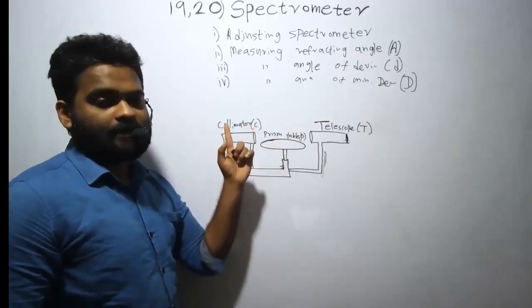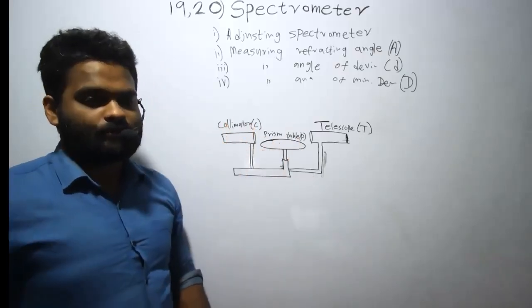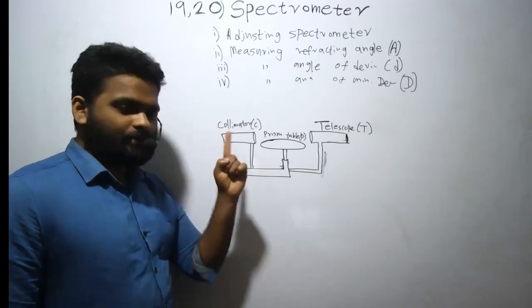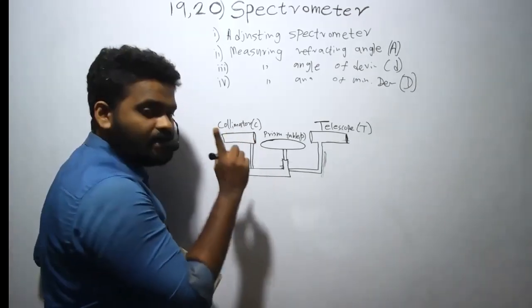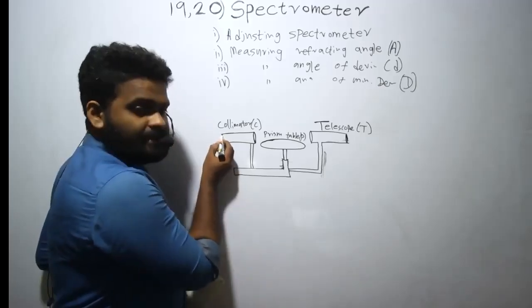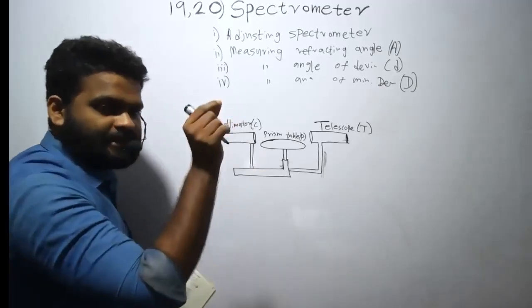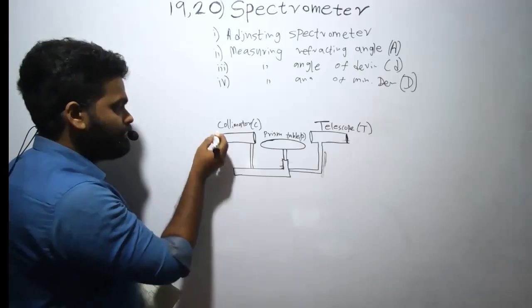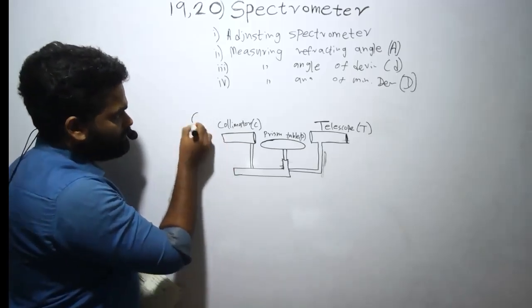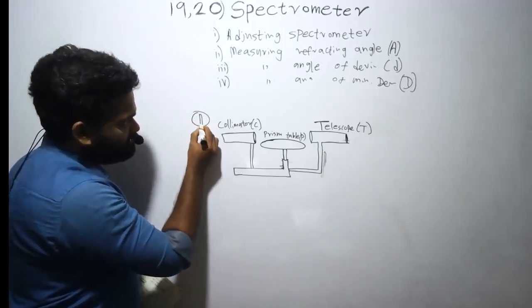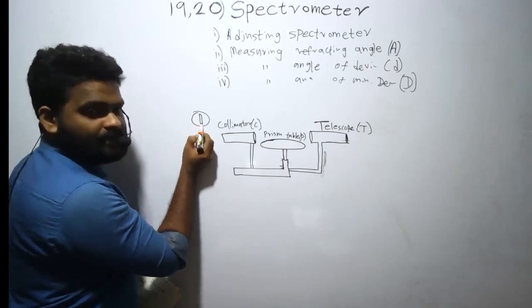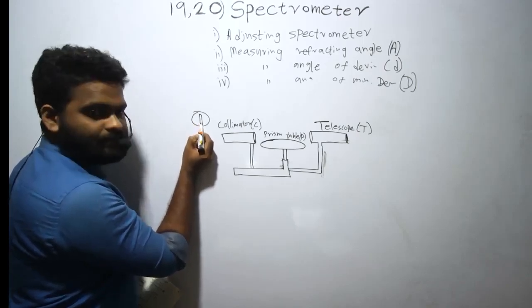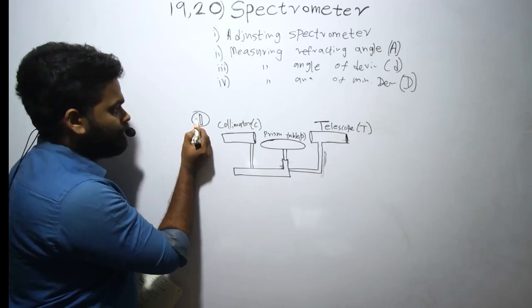Then there's the collimator. The collimator is a new instrument. It has only one lens here, and at the other side it has a slit. Slit means a thin opening. If you look from here, it is a thin opening.